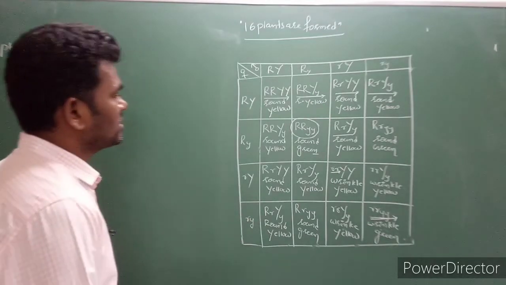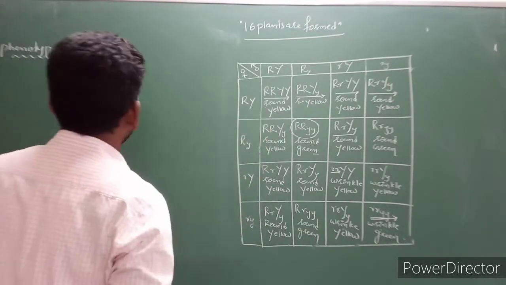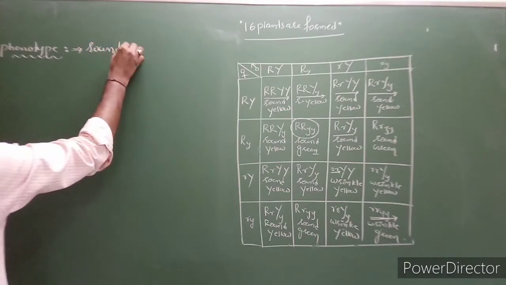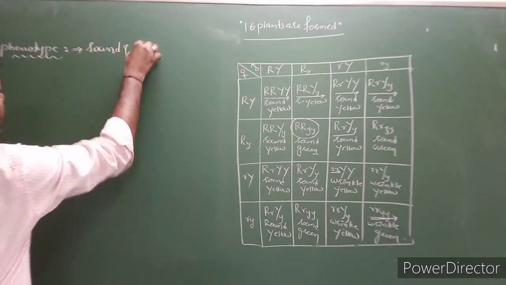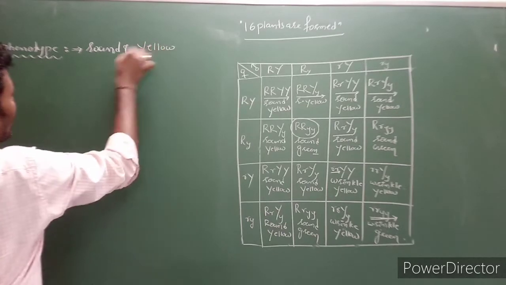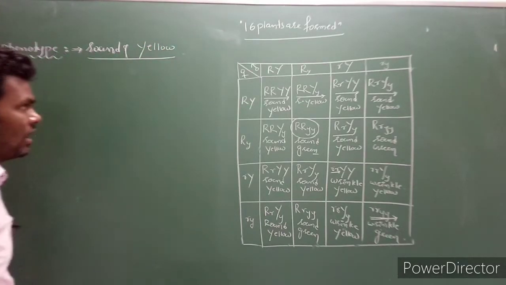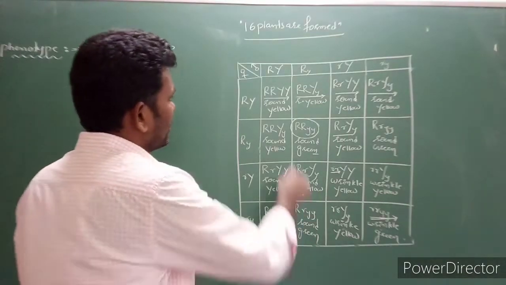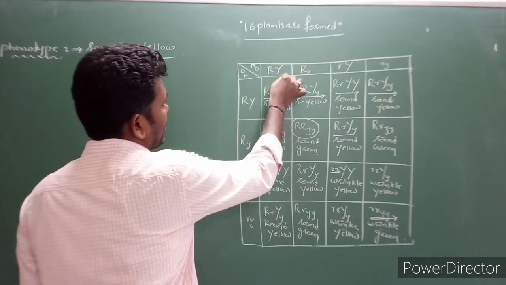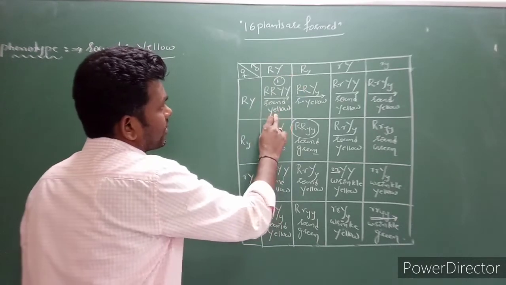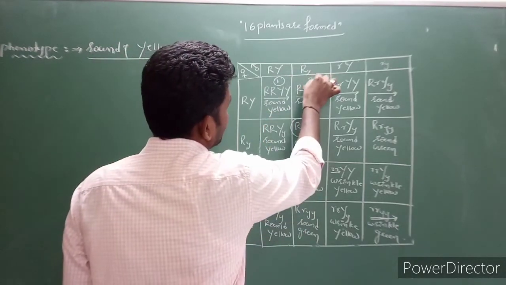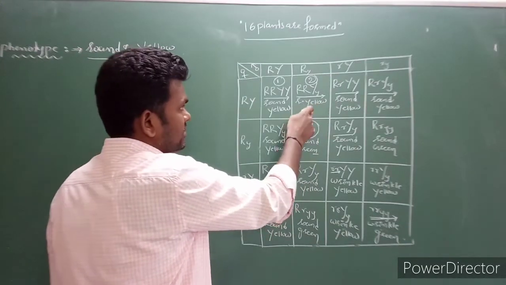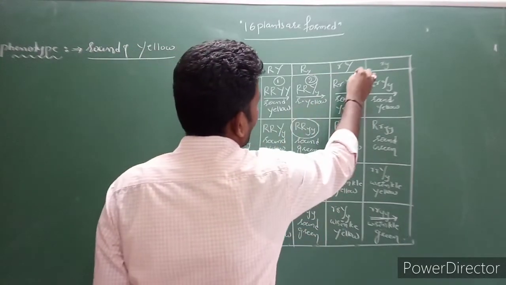Okay, just first this character, which one is round and yellow. How many plants are there, you have to count. Round and yellow here. This is one round and yellow physical external character we are going to consider. Second line, round and yellow.